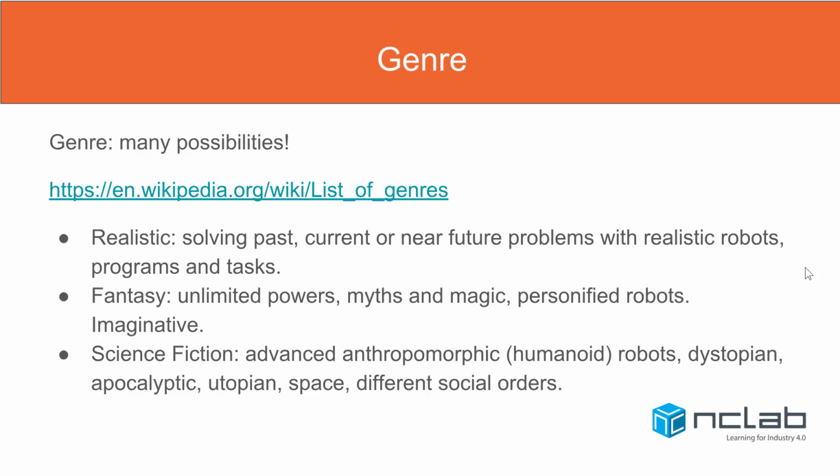Genre. Well, there's just tons of possibilities. I was surprised how deep the list went on Wikipedia, but let's just look at three for now. We can take a realistic approach, something that could happen in real life. We can go complete fantasy, even personify Karel as a character.